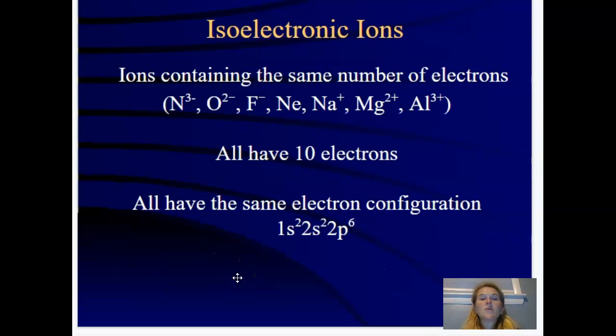So an isoelectronic ion is an ion containing the same number of electrons. So as we said before, these guys and neon and sodium cation and the magnesium cation, all of those guys, they all have 10 electrons. They all have the same electron configuration as we can see it right here.